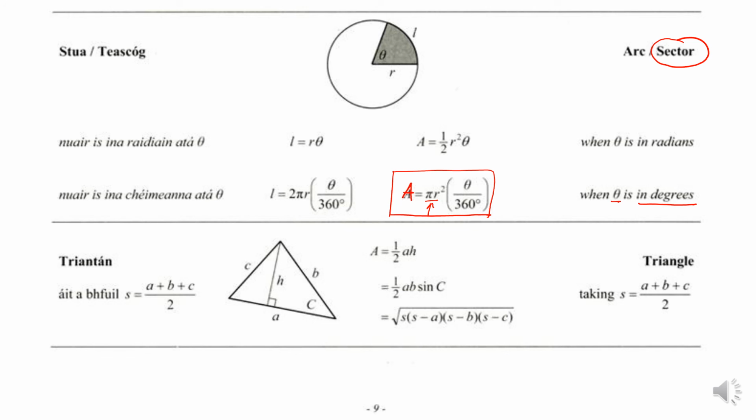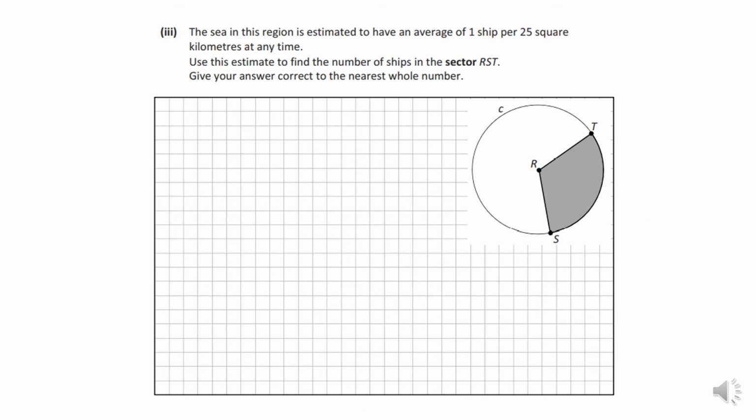And then we're going to multiply it by what fraction of a full circle we have. Okay, so let's try that. We get area equals pi r squared would have been for a full circle, but we don't have that. We'll multiply it by what fraction of a circle we have. Remember, our angle is 106 degrees.